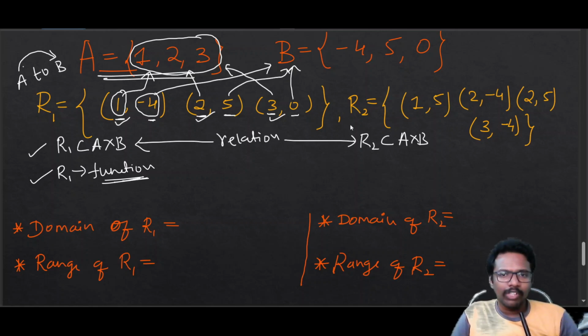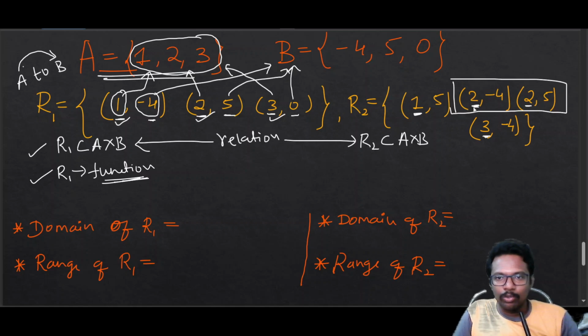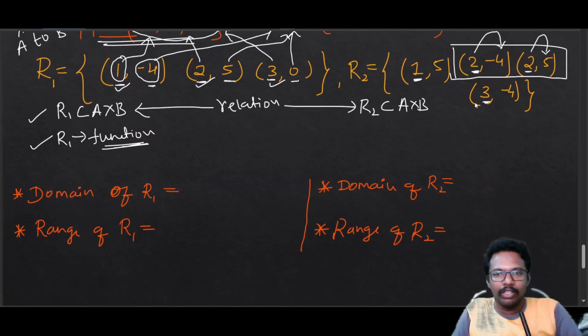Okay, when it comes to R2, if you observe R2 here, 1 is from A, 2 is from A, and 2 is from A, and 3 is also from A. So first elements are all from A and the second elements are all from B. But if you observe these two ordered pairs here, 2 has the image -4 and the same 2 has the image 5.